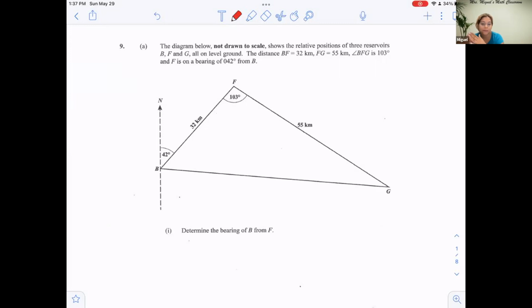They want the bearing of B from F. So we are going to draw a north line from F. So I've given you a minute. Just quickly draw the diagram in your book.